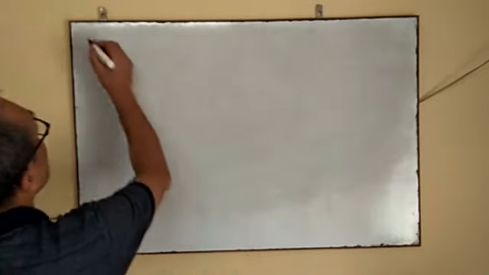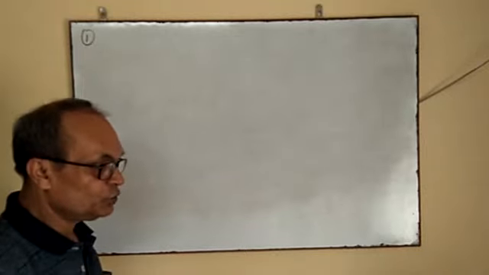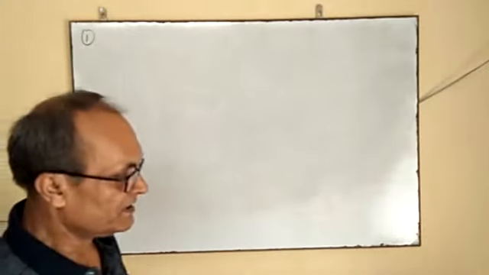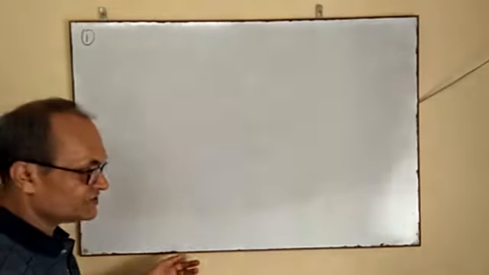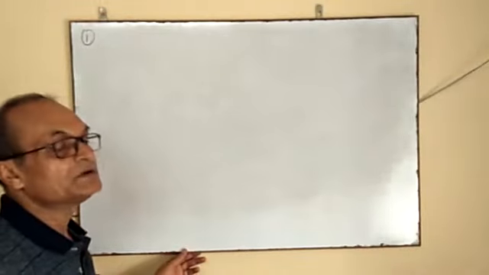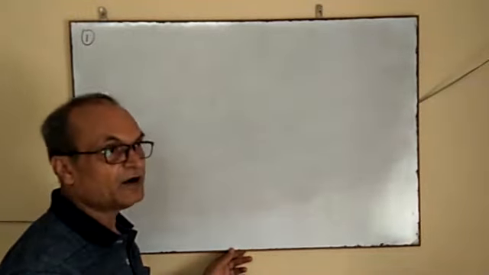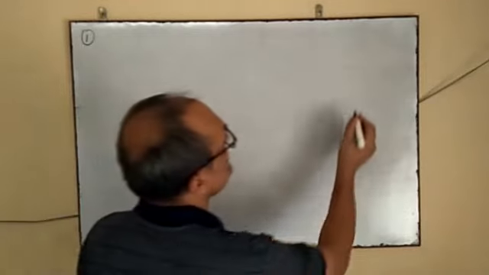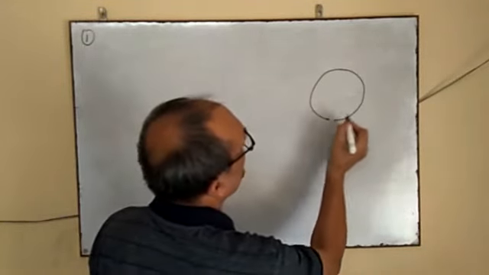So first of all, magnetic field due to two concentric circular loops carrying the same current in the same direction. So we will find out its magnetic field when there are two concentric circular current carrying loops.